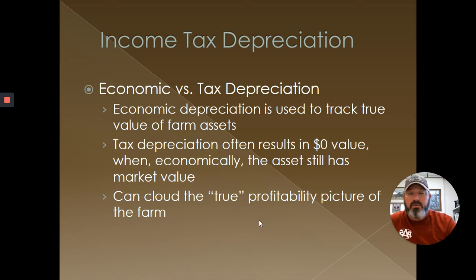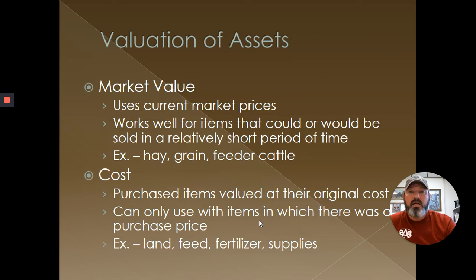Its depreciable useful life is exhausted. But you could sell that thing. It does actually have a little bit of value, potentially, if you could get somebody to come and buy it from you. So there's sometimes differences in tax depreciation and economic depreciation. That clouds a little bit the true profitability picture of a farm.